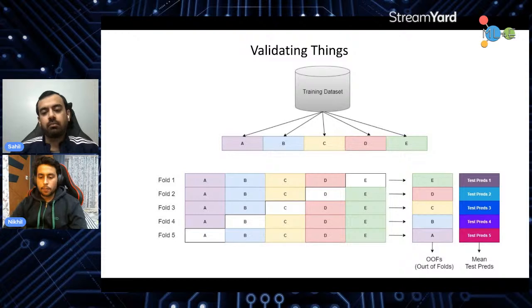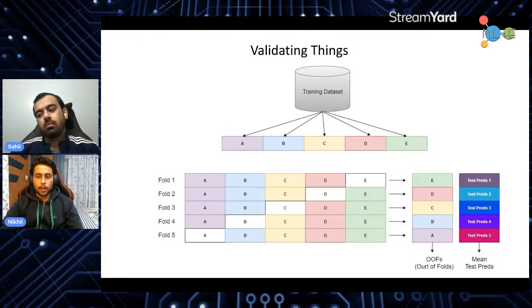Basically, we can combine our predictions and get out of folds. So, what is out of folds? Out of folds is the predictions on all of your data. So, basically, you get some estimate of all of your data, some prediction by the model. So, you can use it later in ensembling. In ensembling, we basically have some kind of meta models. In your meta models, you feed your out of folds and your predictions for the test data.